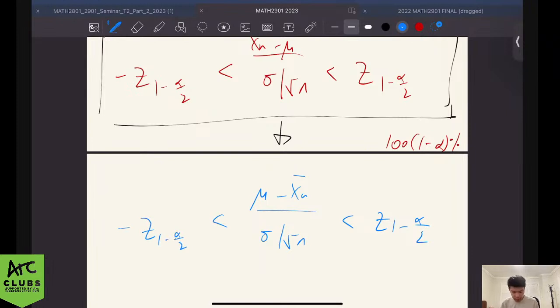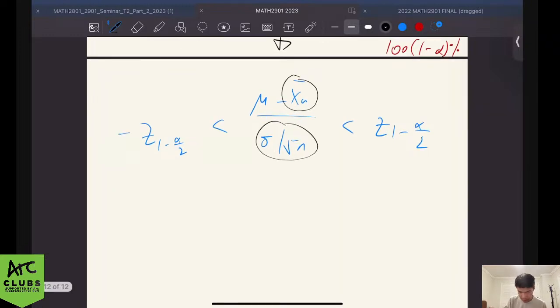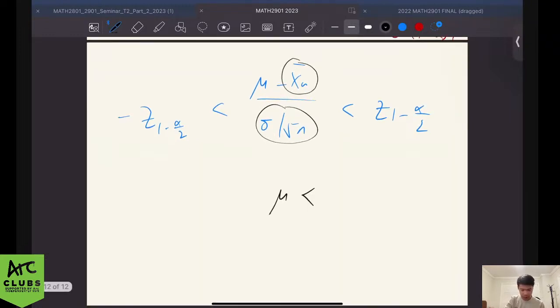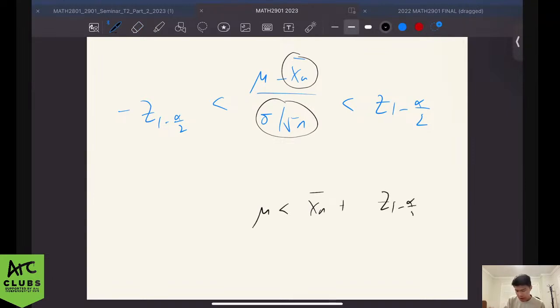Let me know if you're not following, by the way. And then you would just multiply through by this, then add that back, okay? So it'll be, I'll just write it again, that plus Z 1 minus alpha on 2 times sigma on root n, okay?